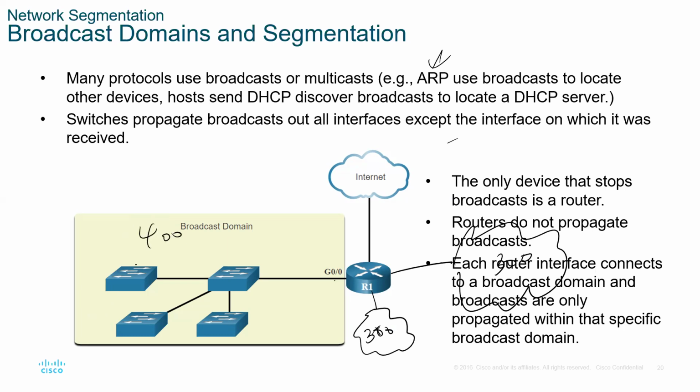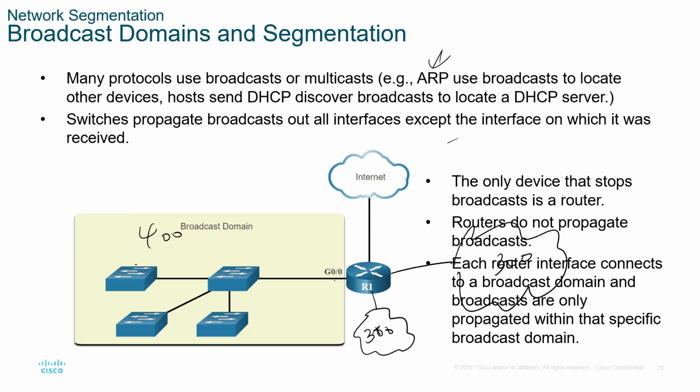So it means I'm reducing the number of devices in the broadcast domain and reducing the amount of traffic. Therefore, we probably have less congestion and better traffic flow in a given broadcast domain. So segmentation is very important.